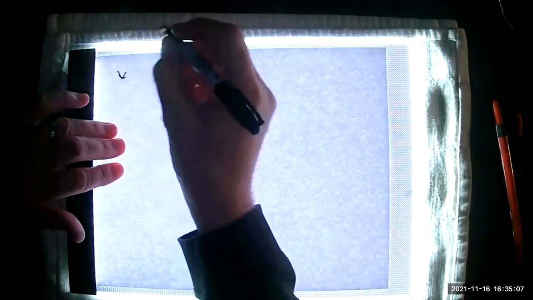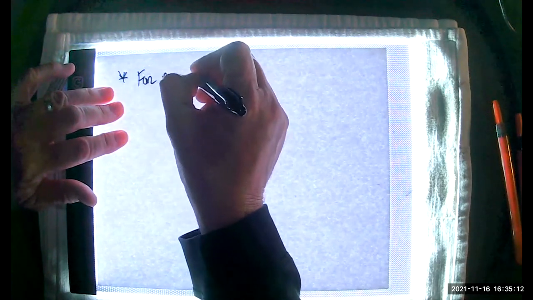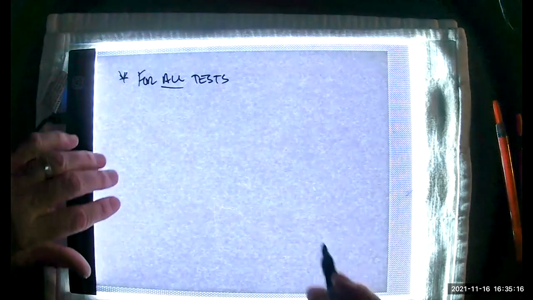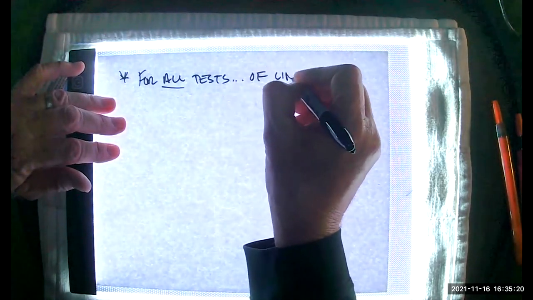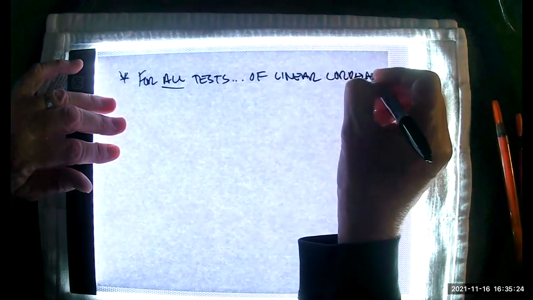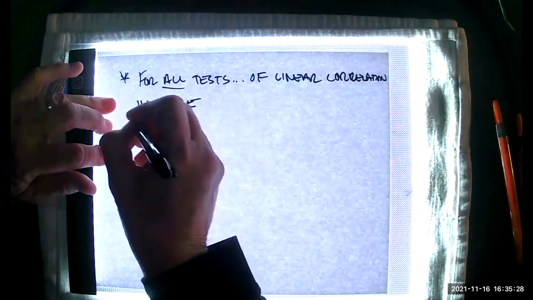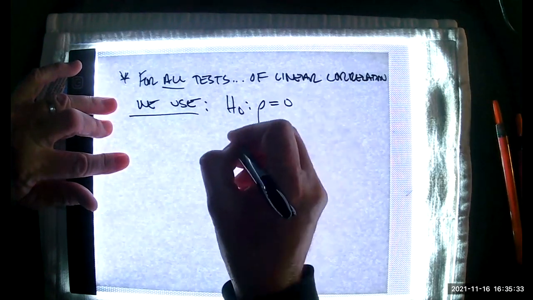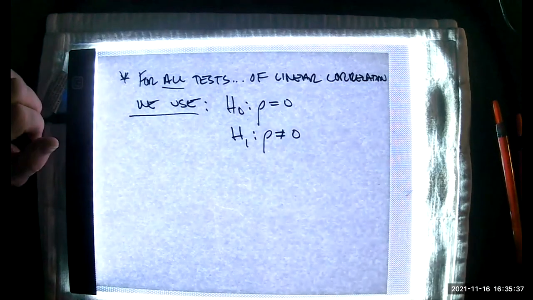And for all tests, at least this semester, for all tests of linear correlation, we use rho equals 0 for the null hypothesis, and rho is not equal to 0.